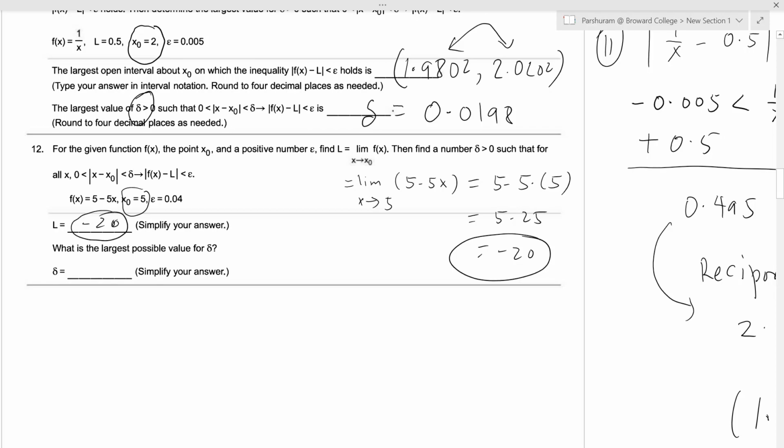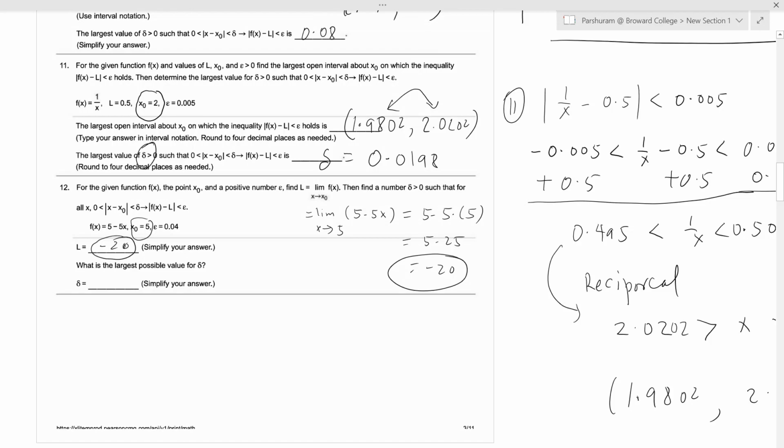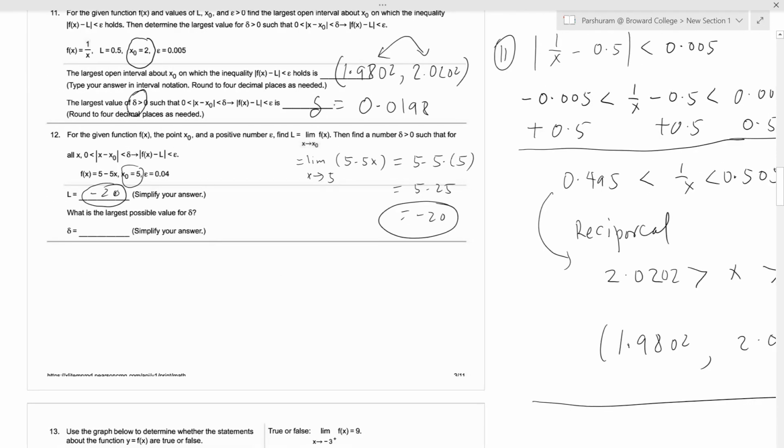So now to find the delta, we're going to use the same trick we did for problems 10 and 11. So we start with |f(x) minus L|, which is |5 minus 5x minus L|, where L is negative 20, and it's less than epsilon, which is 0.04, and we just simplify this. After simplification, it will be negative 0.04 is less than this expression, negative 5x plus 15, which is less than 0.04.